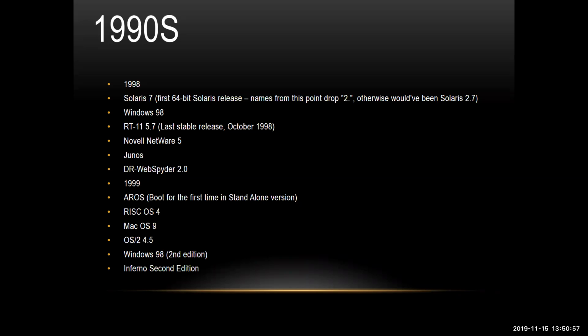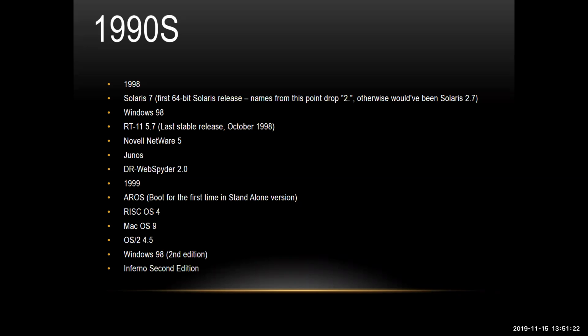It is the successor to Windows 95, and it was released to retail on June 25, 1998. And just like its predecessor, it is a hybrid of 16-bit and 32-bit. And then we also had RT-11 5.7, Novell NetWare 5, Junos.